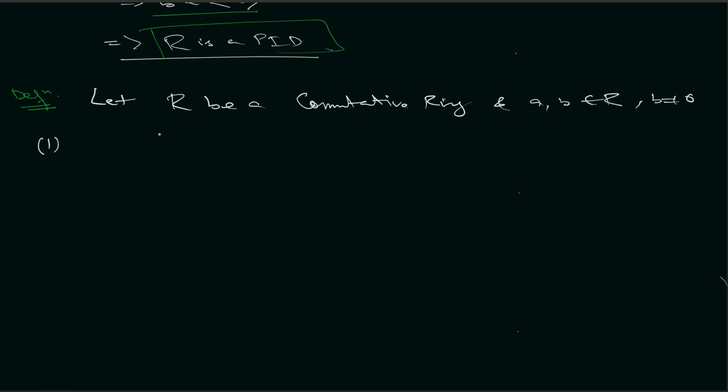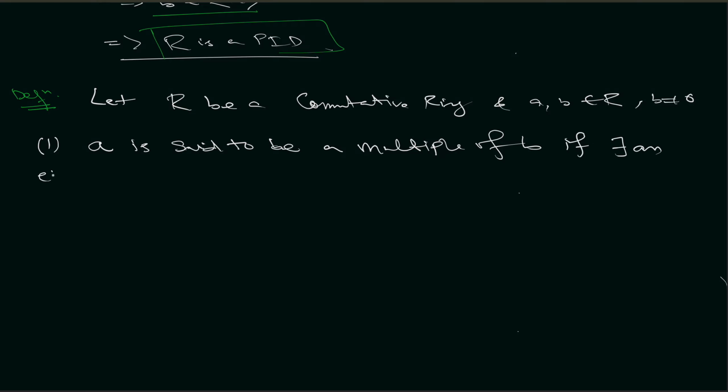A is said to be a multiple of B if there exists an element X in the ring R with A written as B times X.